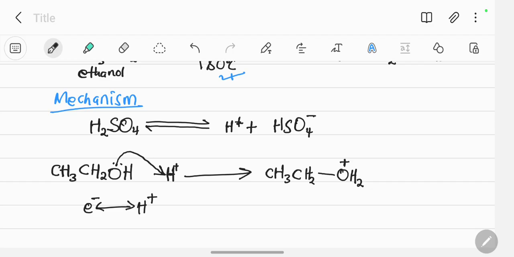Why am I indicating this plus here? It's because oxygen is capable of sustaining only two bonds, like in water. So for example, in water, oxygen is of this structure.